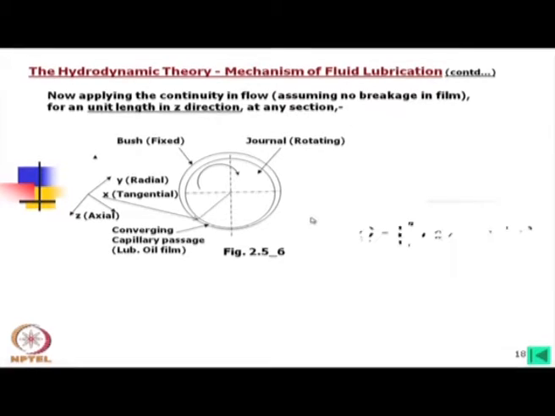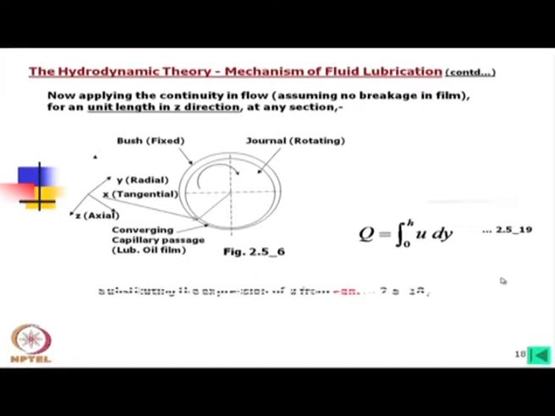But let us see what we find now. In this case, q is equal to the integral of u dy. Why have we written this equation in this form and not in cylindrical form? Because although this capillary passage is circular, we have considered it as if it is a flat one, the developed capillary passage, and the same equation holds good.